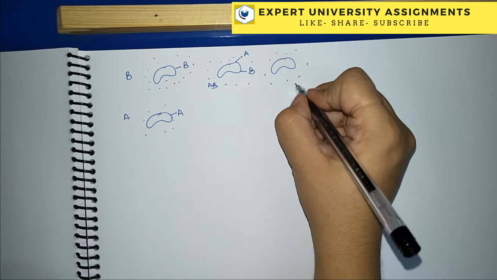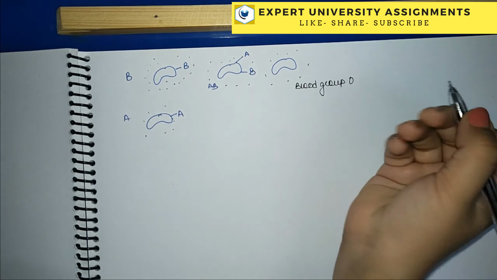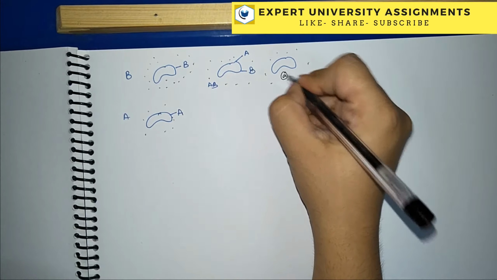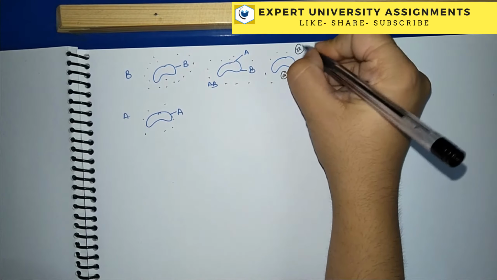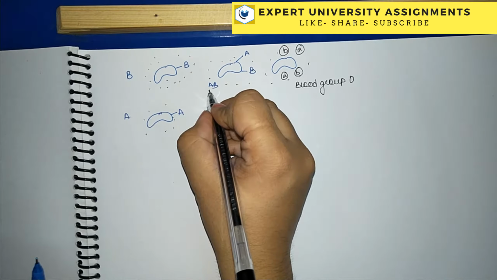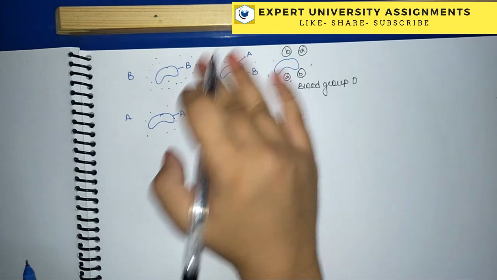This is blood group O. Blood group O is known for the fact it has no antigens on its surface. It only has antibodies, which are A antibody and B antibody. In case of blood group AB, there are A and B antigens on its surface and it has no antibodies floating around.